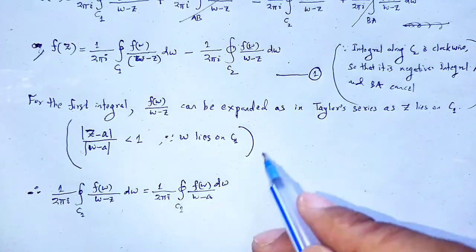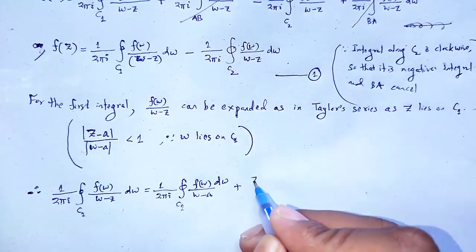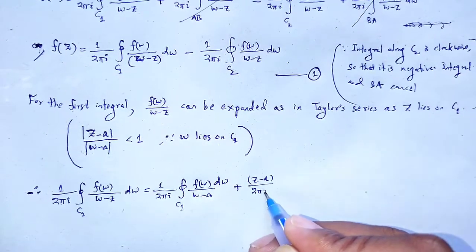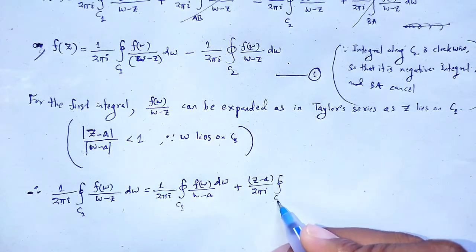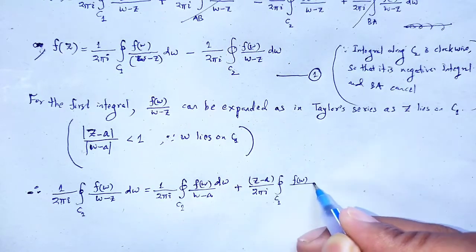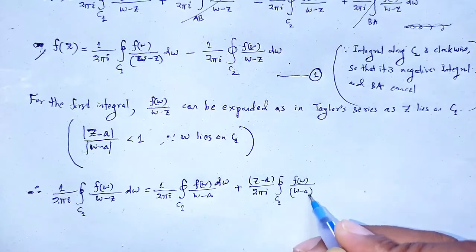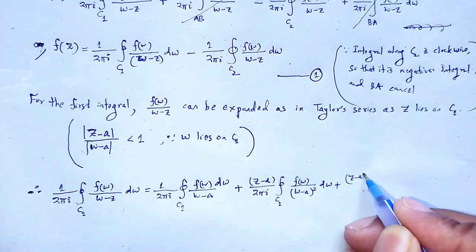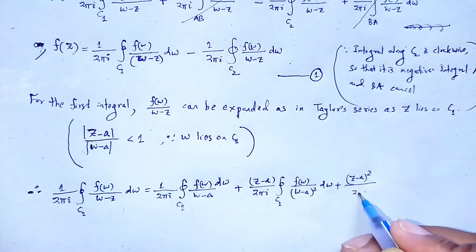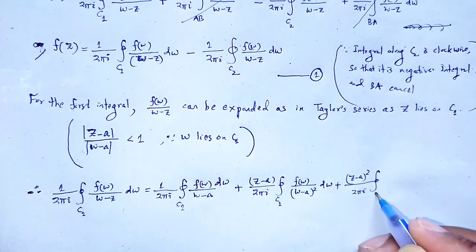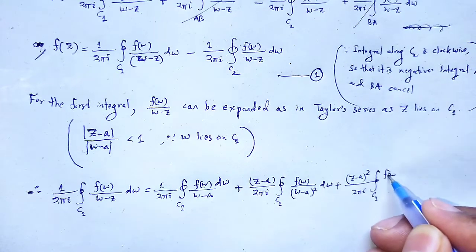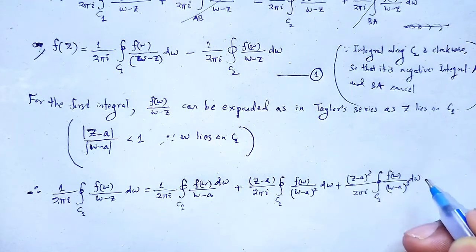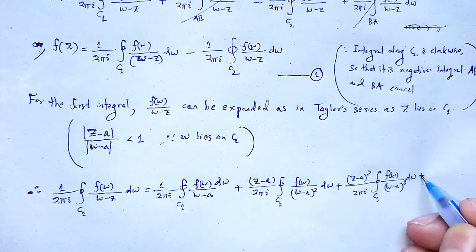Taylor series is used here, plus (z minus a) divided by 2 pi i closed curve integration over C1 f of w divided by (w minus a) squared dw, plus (z minus a) squared divided by 2 pi i closed curve integration over C1 f of w divided by (w minus a) cubed dw plus dot dot dot.